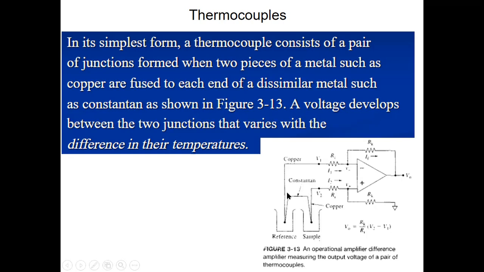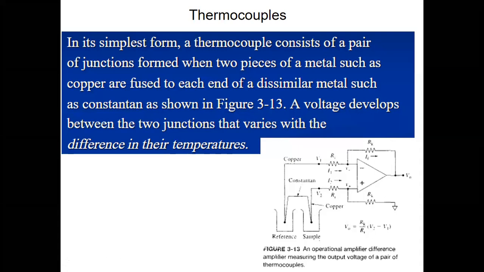When this constant has been, this acts as a junction, and the two copper metals will be placed like this, the reference and the sample here, and the two pieces of copper metals will be placed like this, and the junction formed with a constant like this, right?